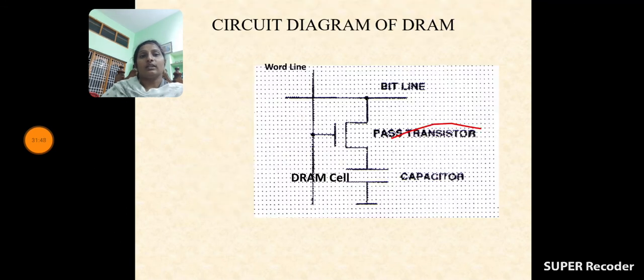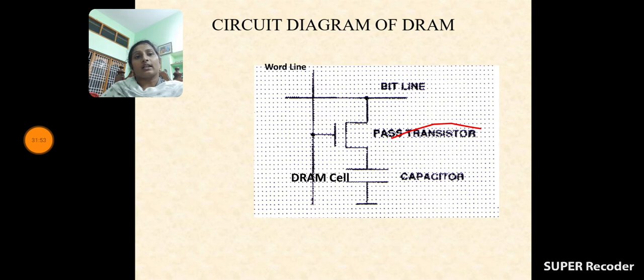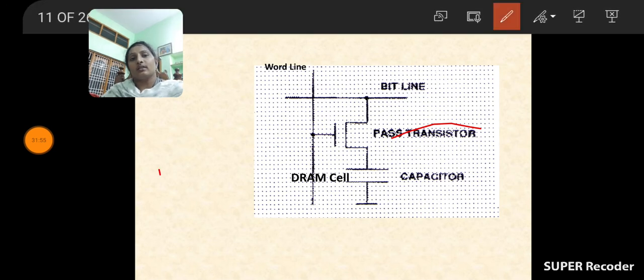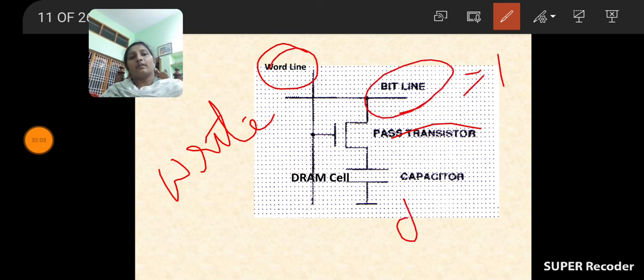Once see here, if this WL write line bit is selected, means for the write operation, this bit is selected and this bit is equal to 1, indicates the charging of the capacitor, that it will store bit 1. If bit line is equal to 0, the capacitor is in discharging condition, it stores the 0 bit.